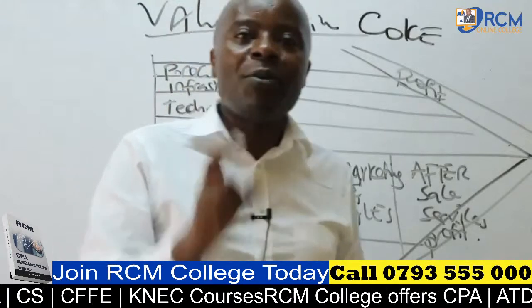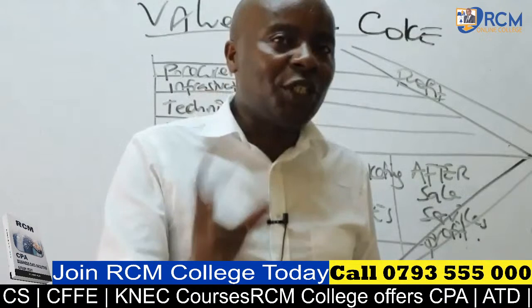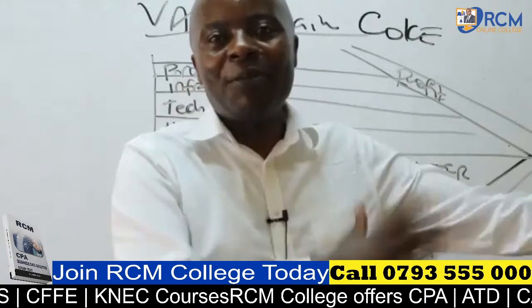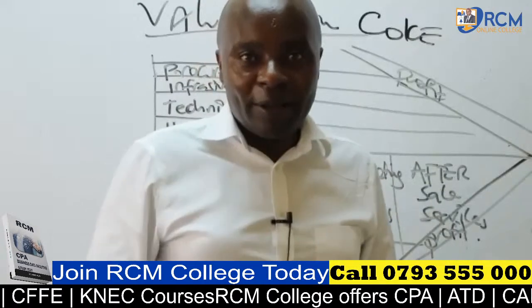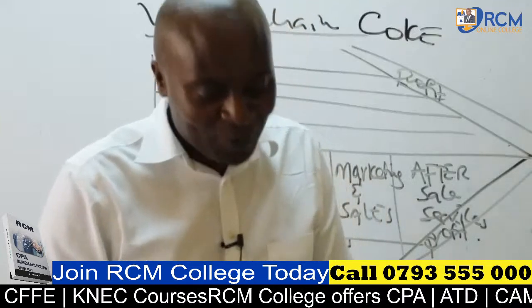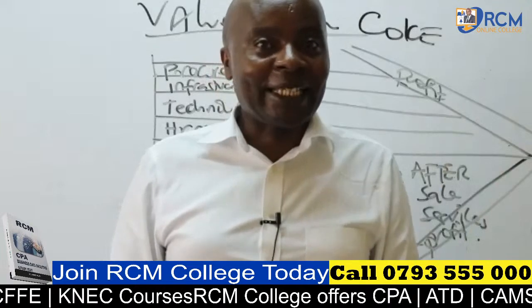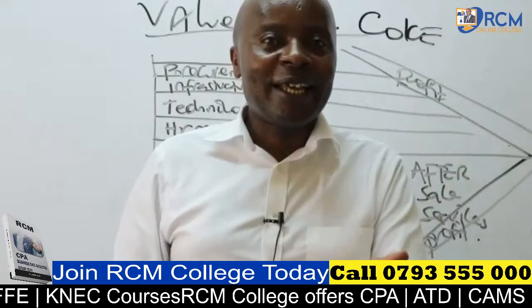Right now, they have taken on board DHL. DHL is the one distributing their products. And of course, they have various distributors in various areas who are also very strong. Because for you to become a distributor of EABL, they'll ask you to deposit with them something like 30 million Kenya shillings, or you give them an equivalent bank guarantee.